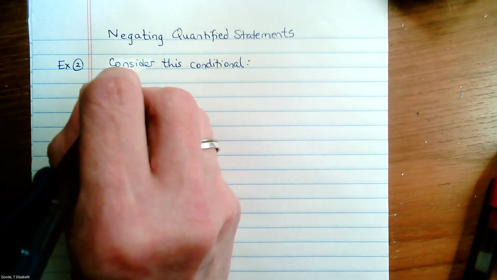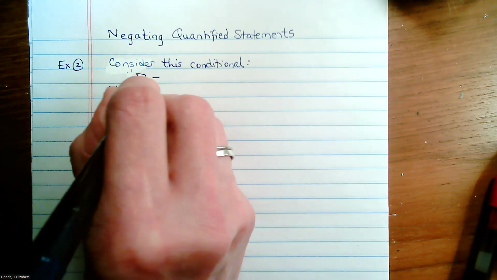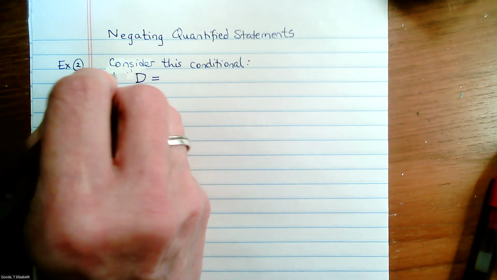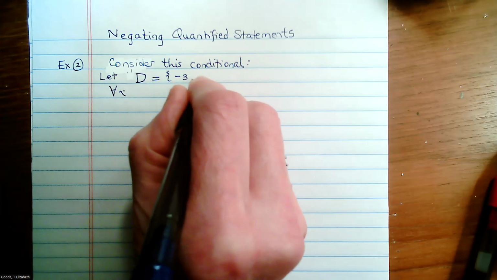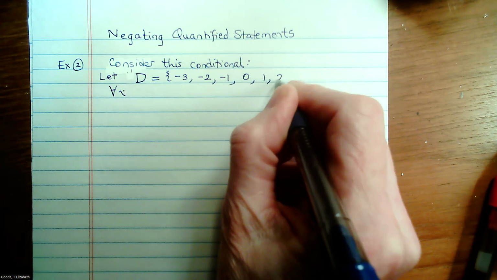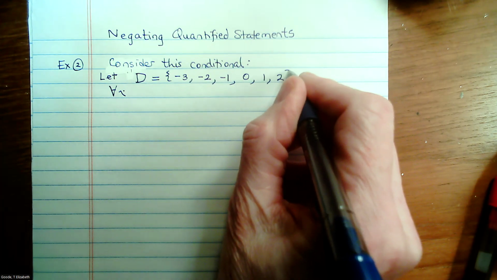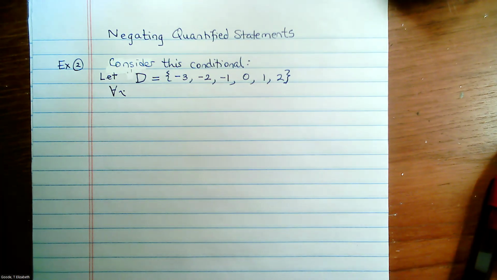Right. Okay. So were there two variables or one? I think it might have been two variables, but I know seeing the set was really helpful because it kind of tied everything together. All right. Let's let D be this set. Okay.